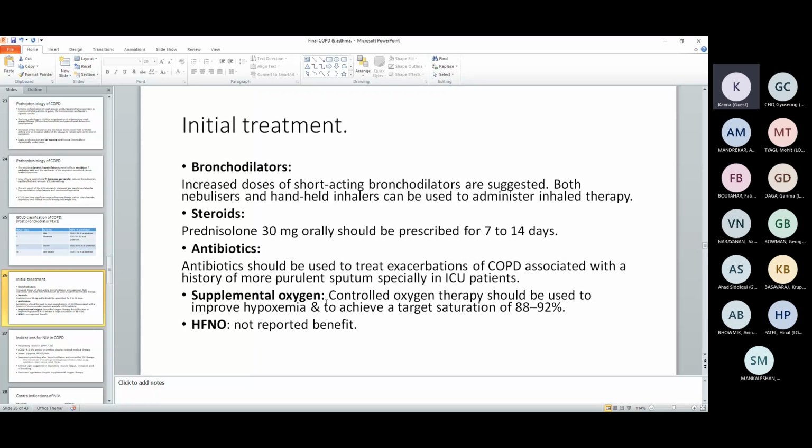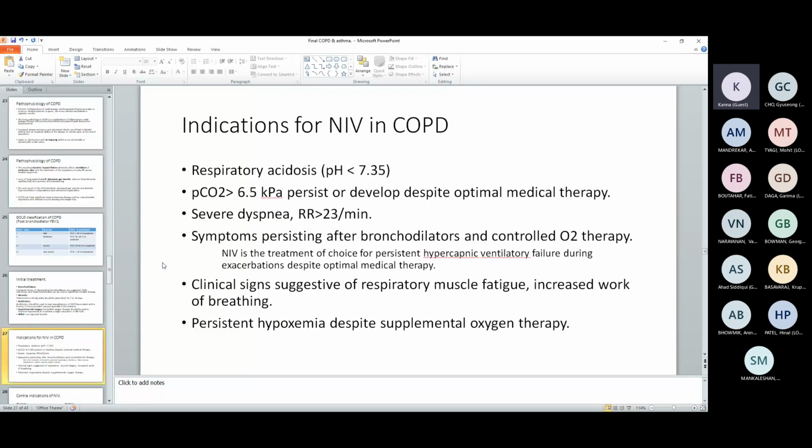Supplementary oxygen should be given to COPD patients who are hypoxemic, but we should have controlled oxygen therapy with a lower target of 88 to 92%. High flow nasal oxygen has no reported benefit in a COPD patient.